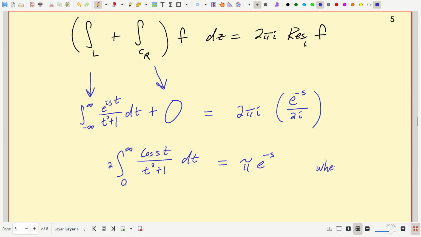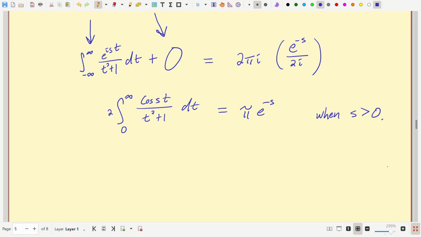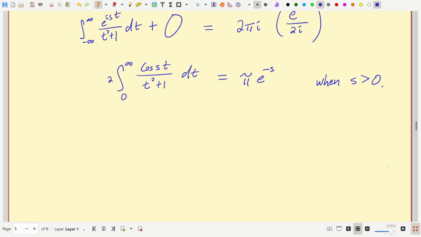And that turns out to work when s is positive. If s is 0, you can just calculate that integral. It's the arctangent function. It would be easy to calculate, and it would just be pi, in fact. But you might ask yourself, what do you do if s is negative?